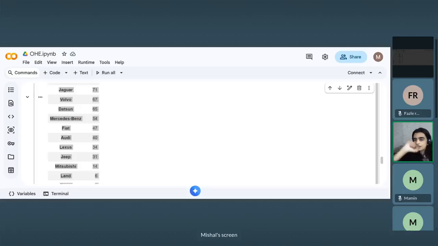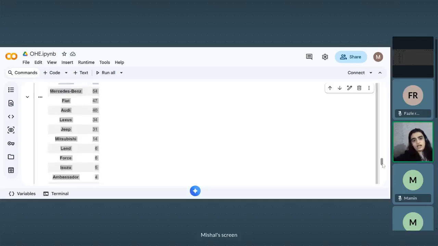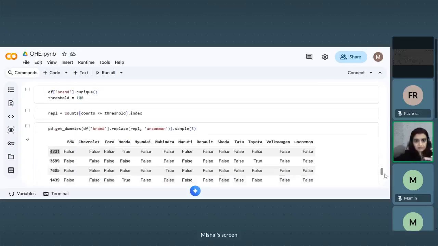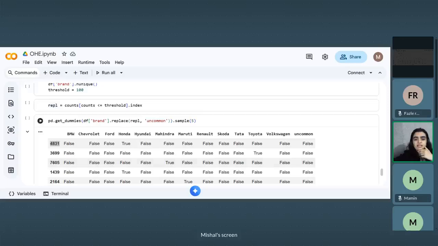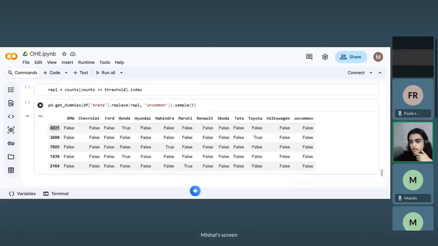Are you getting this point? So what we have done here, we have captured the index and then we replaced them with uncommon, or we can name this column anything like rare cars or any other thing. So here we have mentioned an uncommon column.